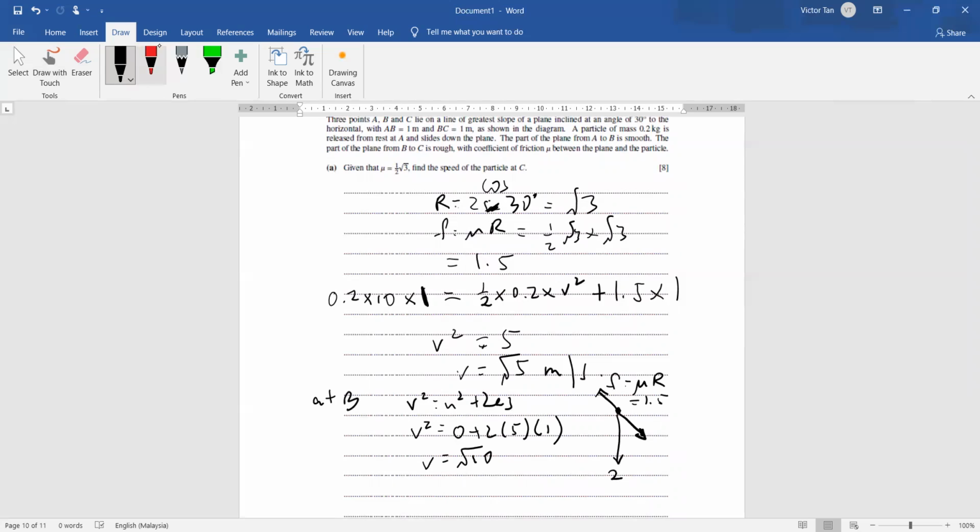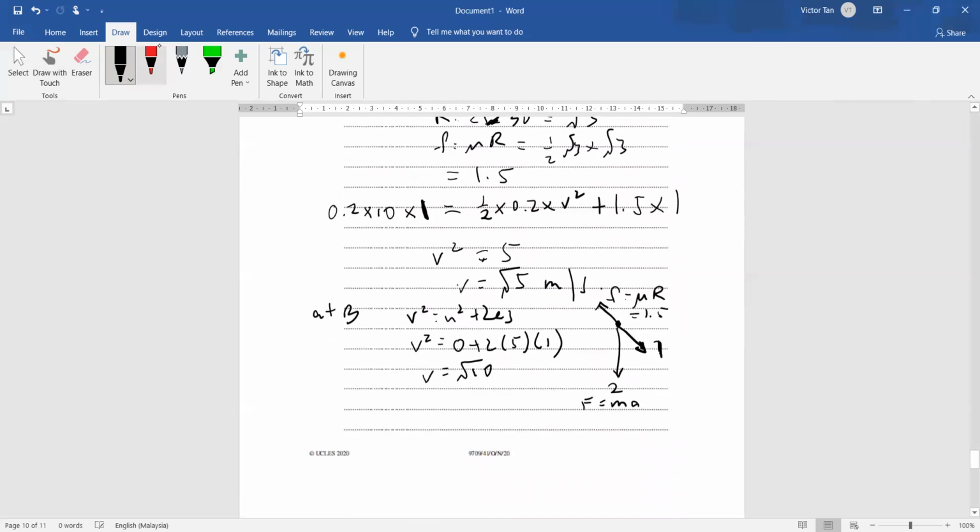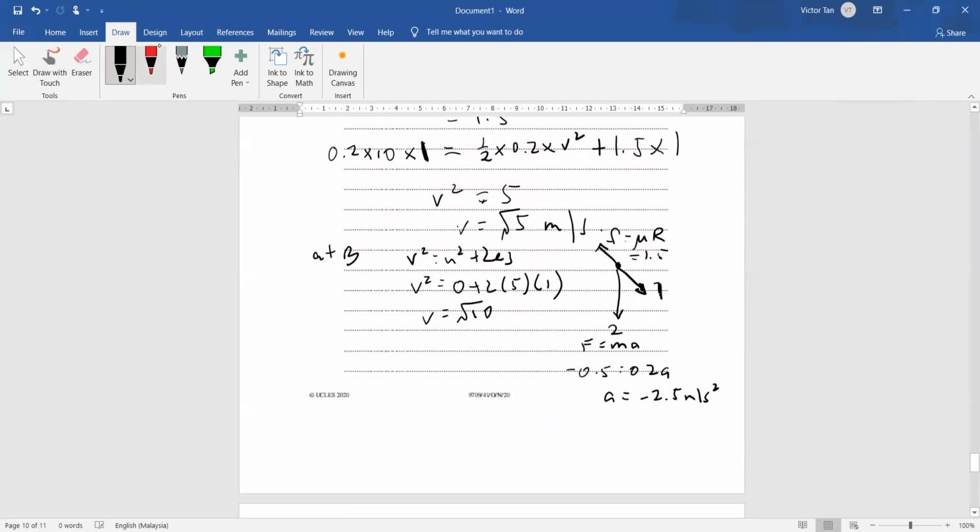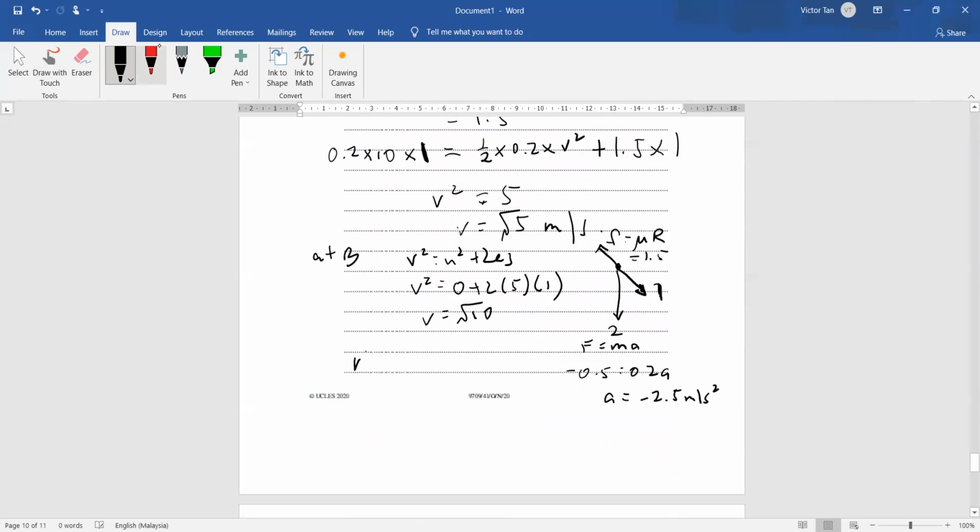Weight component 2 sine 30 is 1. So the resultant force is minus 0.5. F equals ma, minus 0.5 equals 0.2a, so a is minus 2.5. v squared equals u squared plus 2as, where this is the initial speed.